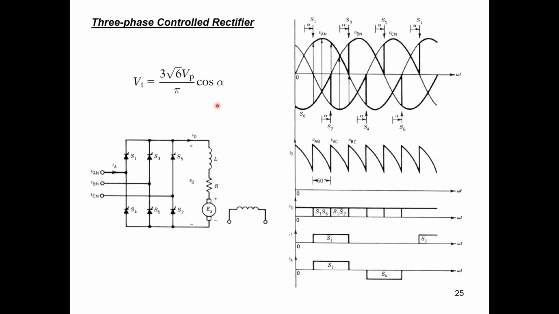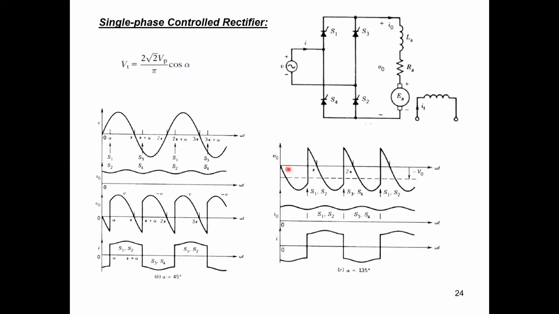Another important thing for 3-phase compared to single phase, as you can see here, is that the voltage ripple is lower than the voltage ripple in single phase DC. As you can see here, the voltage is not going to 0. However, in the previous case, this is the output voltage, it's going to 0, and we have a negative part, which means the total average will be reduced.